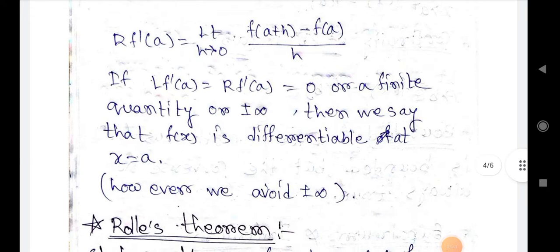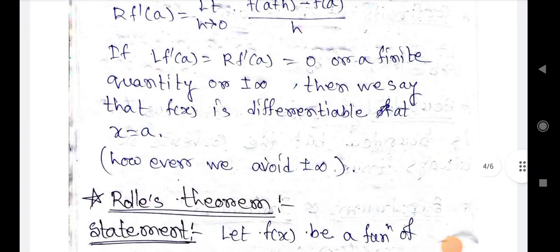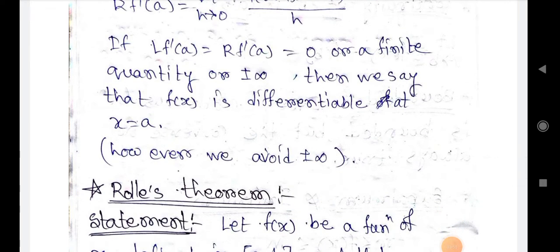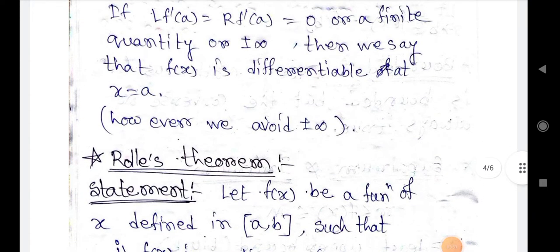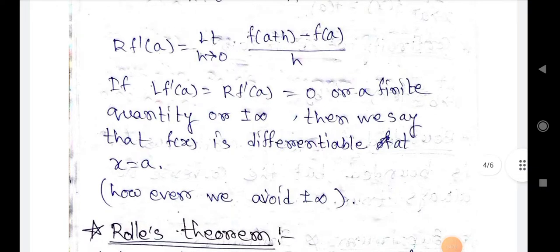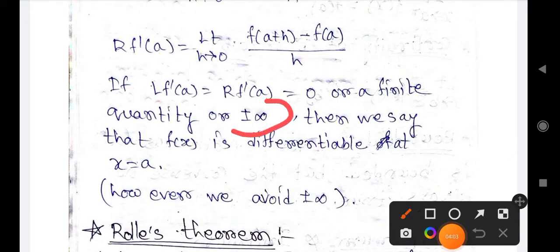If the left hand limit Lf'(a) equals the right hand limit Rf'(a) equals 0 or a finite quantity or plus minus infinity, then we say that f(x) is differentiable at x equals a. However, we try to avoid plus minus infinity.